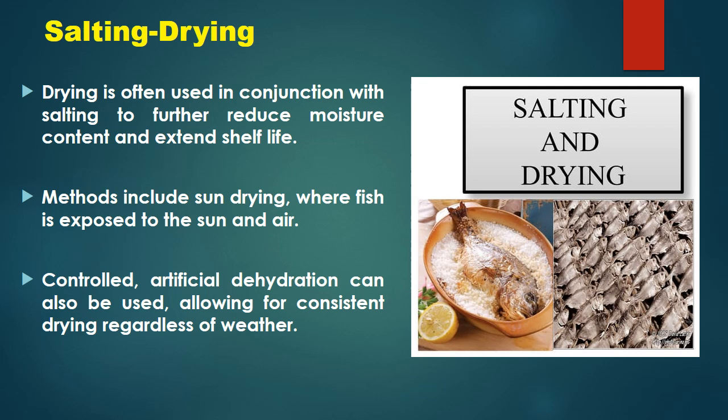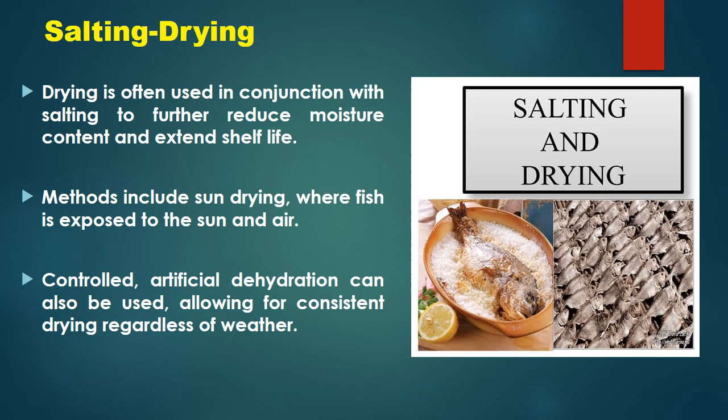Now we will talk about salting and drying. In the earlier lecture I discussed details about drying. There sometimes salt is not added, but generally it's a common practice: first salting followed by drying is done. Drying is often used in conjunction with salting to further reduce moisture content and extend shelf life.